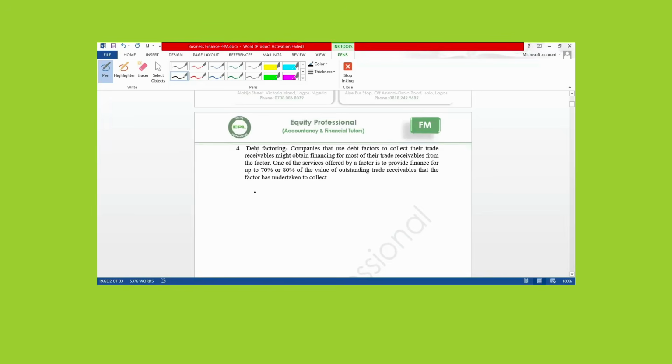Assuming we have a company, XYZ, a manufacturing company. This company makes sales on credit to a customer for 500 million.